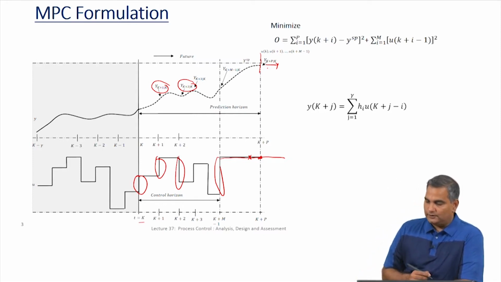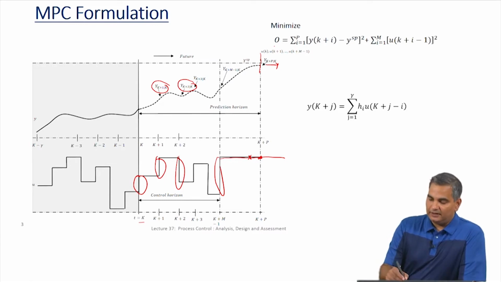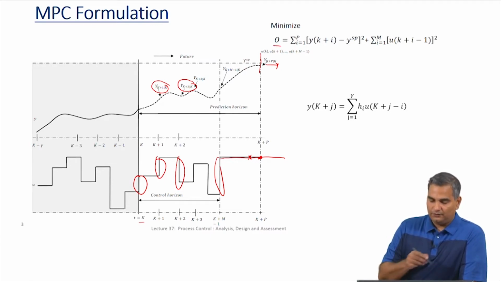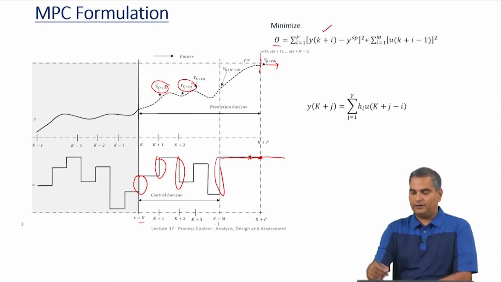So, if you notice, then we think about putting all of this together as an optimization formulation. We see that we can define an objective function here, which says in all future time instances, whatever is the y, that has to be very close to y set point.